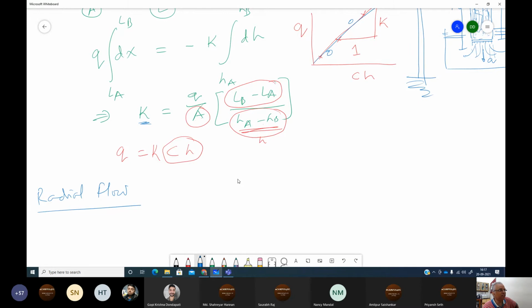It may be 10 to the power minus 3 millimeter per second. For rock, it may go down to 10 to the power minus 5 millimeter per second. It is not permeable at all. It doesn't allow water flow. 10 to the power minus 5 millimeter per second means it is not moving at all.